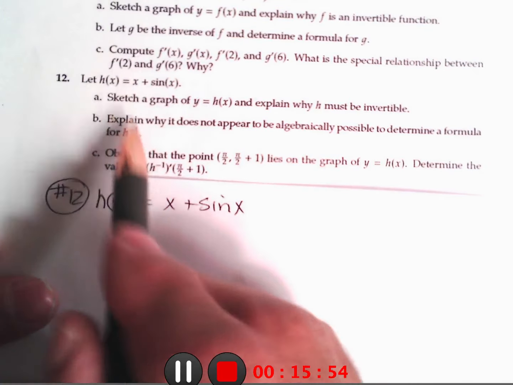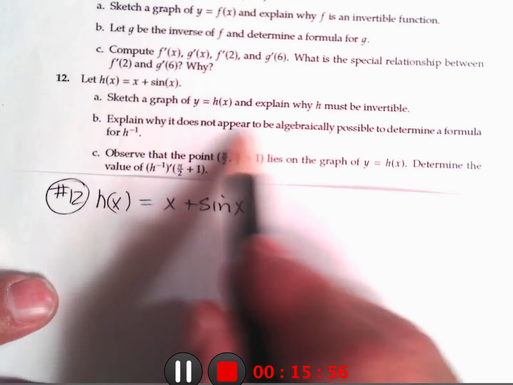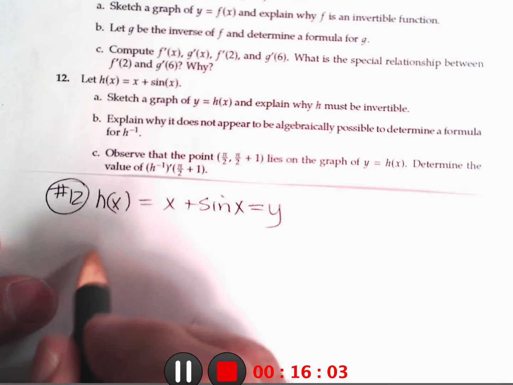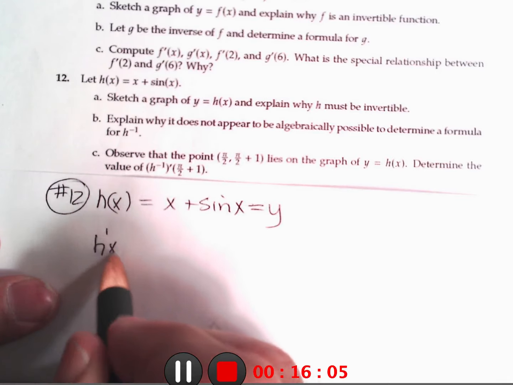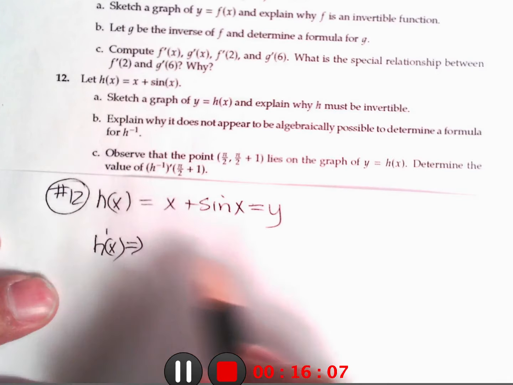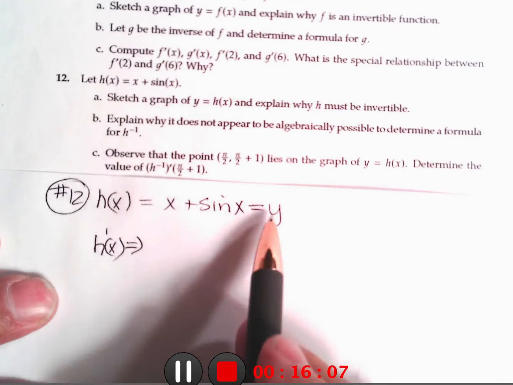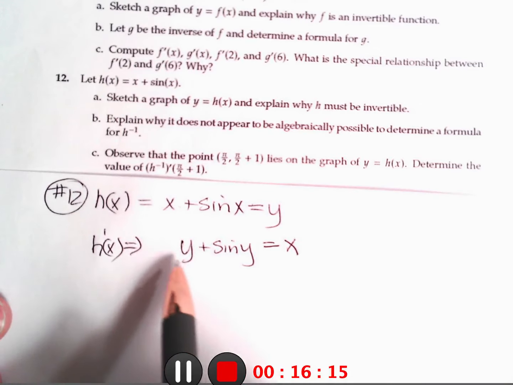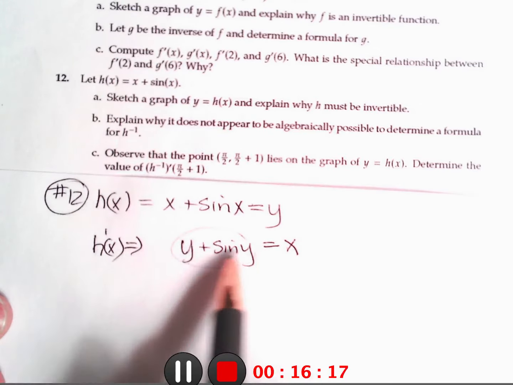Explain why it does not appear to be algebraically possible. Well, if this is y, and we were trying to find the inverse of h, we would be swapping the y and x, so we'd have y plus sine of y equals x, and there's no way to factor out a y, because sine is a function, it's not times y.